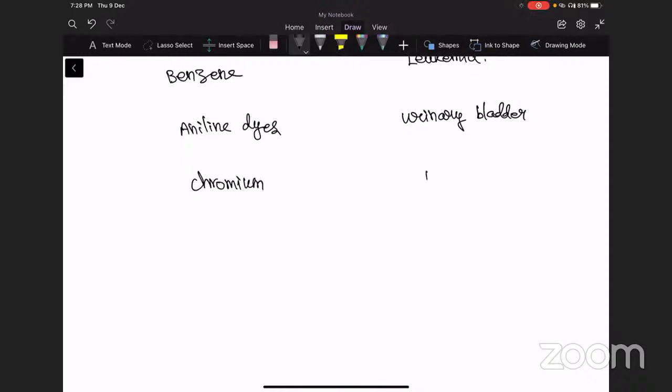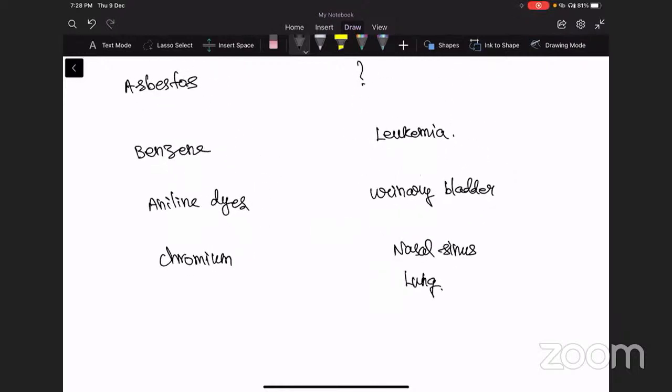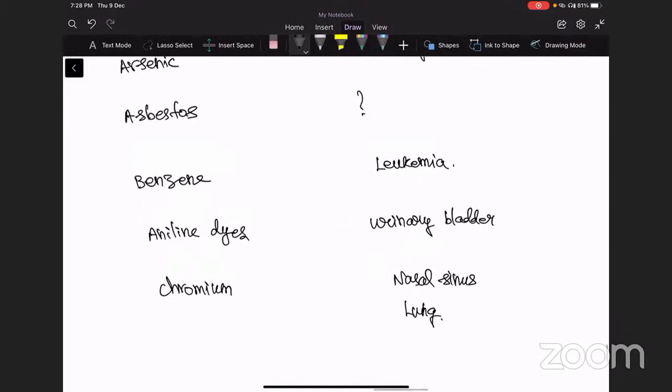Chromium causes cancer of the nasal sinus and lung. Yes, asbestos causes, very important, mesothelioma.